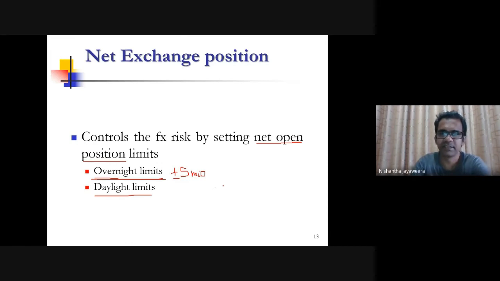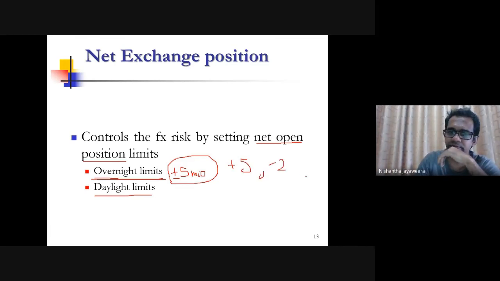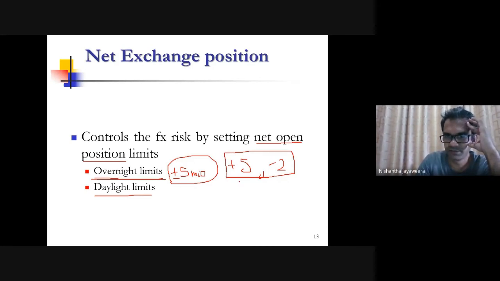But having said that, I would like to highlight it should not be a symmetric limit like this. It can be plus 5 but minus 2, depending on the bank's view on the exchange rate. You would have this kind of limit structure when you don't want to go short more than 2 million.